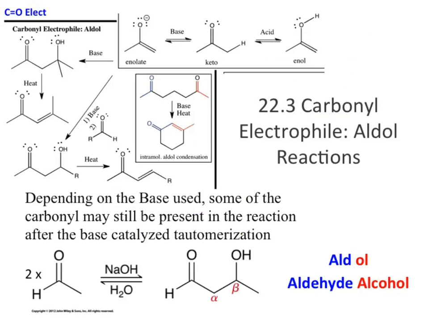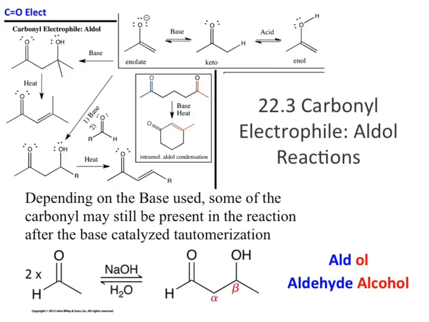Okay? So when we're looking at the carbonyl as an electrophile with our aldols, the original starting point was looking at the aldehyde and alcohol being in relationship with each other. So if we start with just this, this is acetaldehyde.